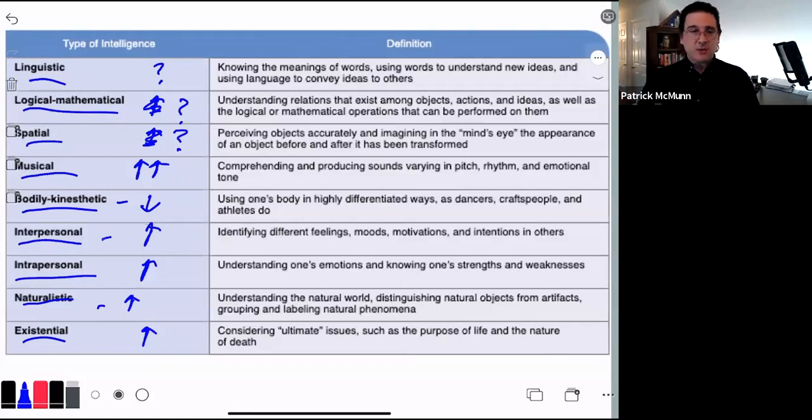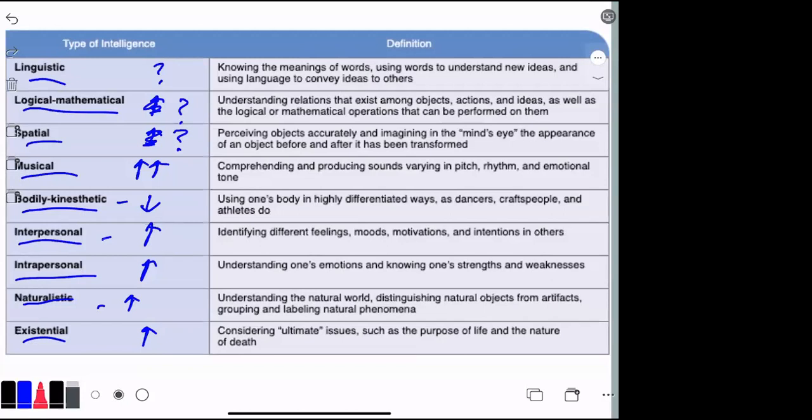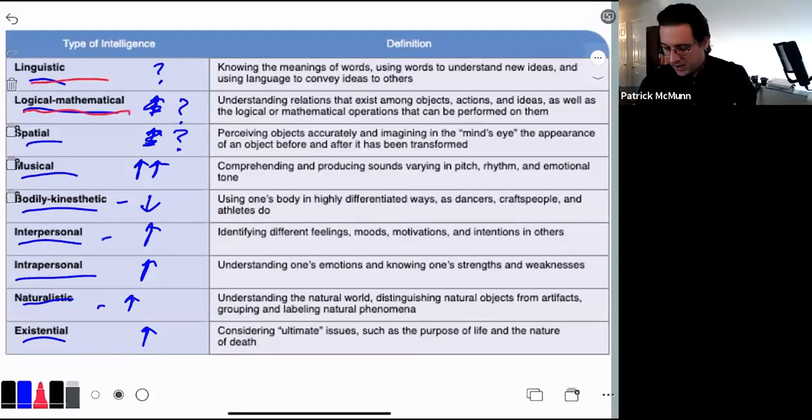Now, what does our education system currently really focus on of these 9 skills, would you say? Any guesses? Math and linguistic. Yeah, math, reading, writing, arithmetic, maybe spatial, right? That's what we look at, right?